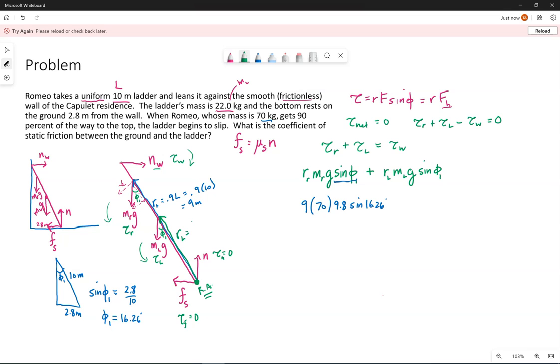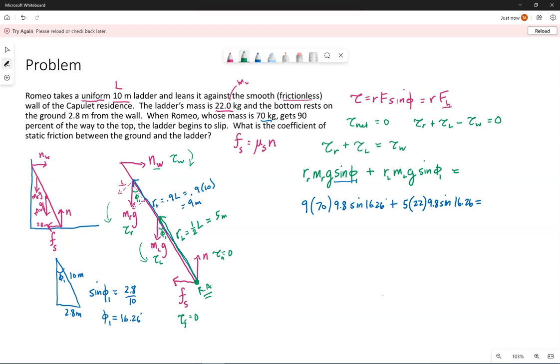So R of the ladder is exactly half the length of the ladder, so 5 meters. And that's because the problem tells us it is a uniform ladder, so the force of gravity acts at the middle, the geometric center. So if we plug these numbers in, 5 meters, the mass of the ladder, 22 kilograms, G, 9.8, sine of the same angle.